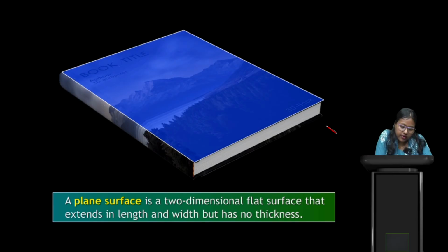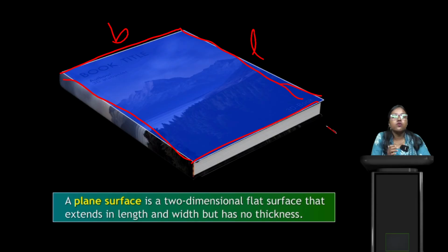That means a plane surface you can extend in both the directions. This is the length and this is the breadth. So you can extend the length, you can extend the breadth. Thickness means this height, how thick it is. Thickness will not matter for a plane surface.